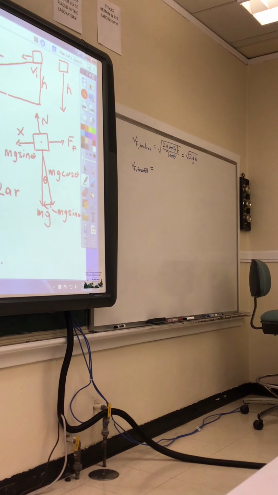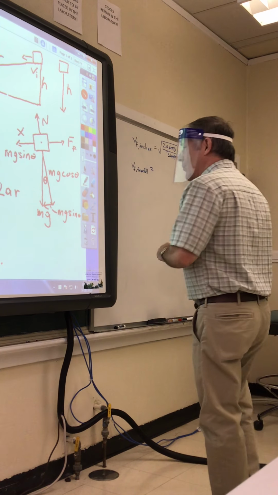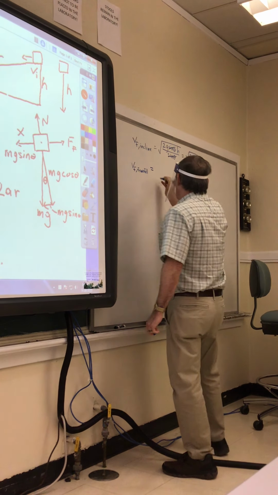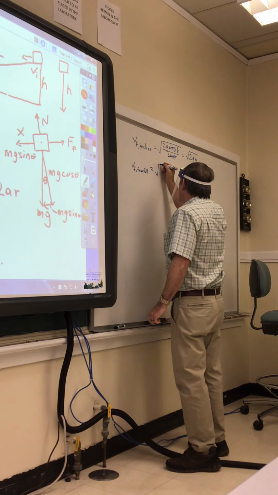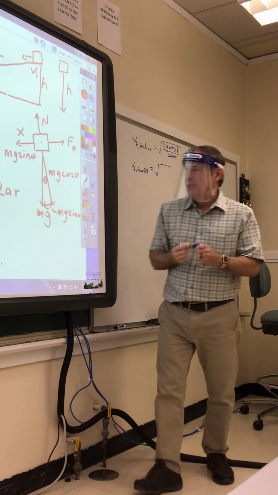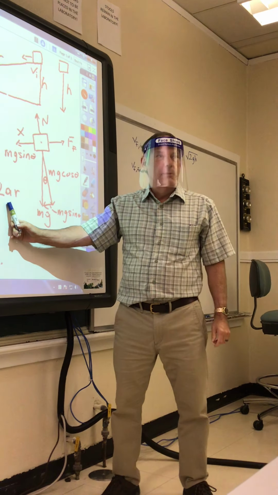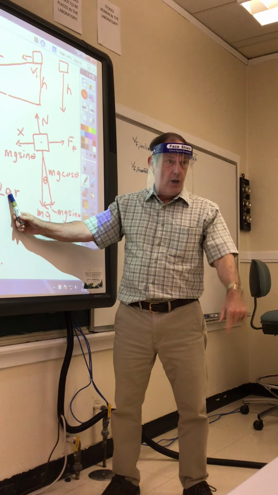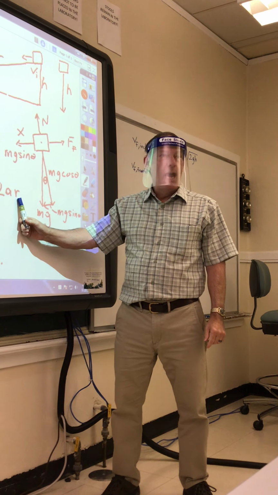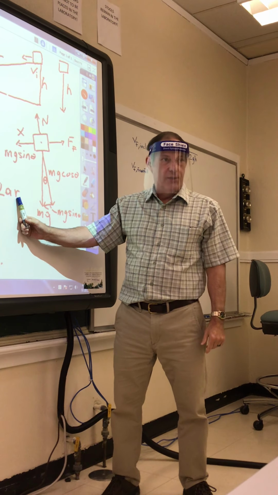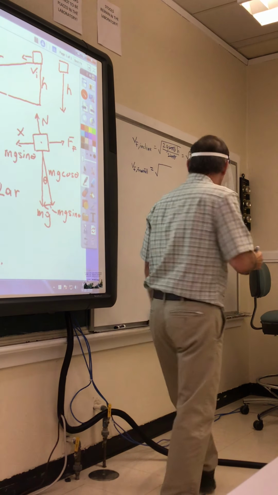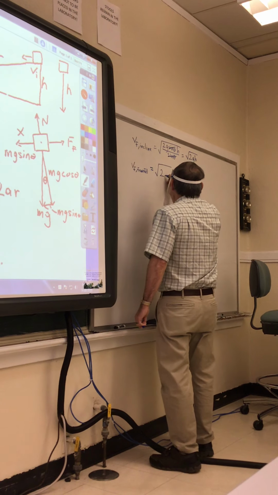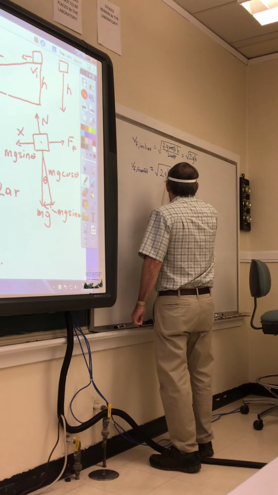Okay, now let's look at our free fall block. That's going to be equal to square root. Same equation, except A now is just G because it's free fall, and R is H because that's the vertical distance. So it's the square root of 2GH.